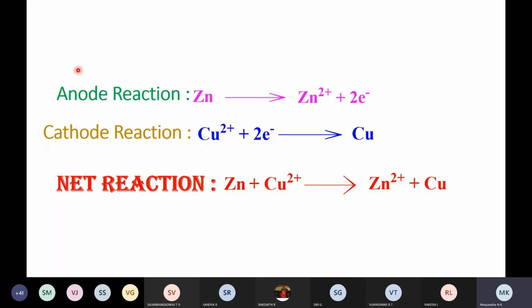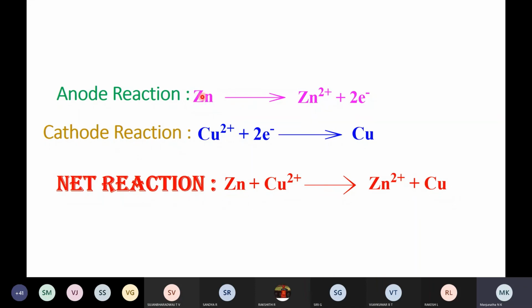See here, we are not mentioning an oxidation reaction or reduction reaction. We are writing here anode reaction and cathode reaction. Anode means an electrode where the oxidation reaction takes place. So at the zinc electrode the oxidation reaction takes place, therefore the zinc metal is called an anode.